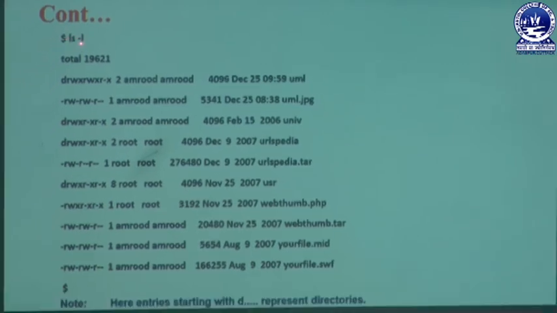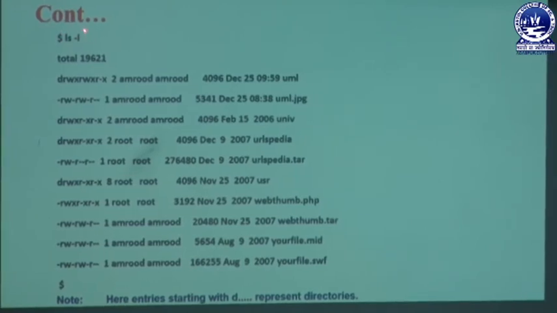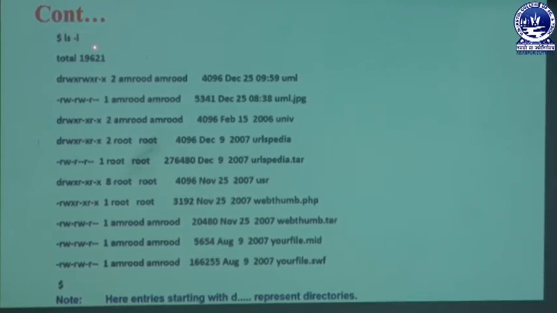Then we get the total number of files, 19,621 files in that section, and some specific files are listed. The d denotes a directory, and the minus, the hyphen, is related to other files, like text files, document files, image files and other different types of files, while d marks a directory.